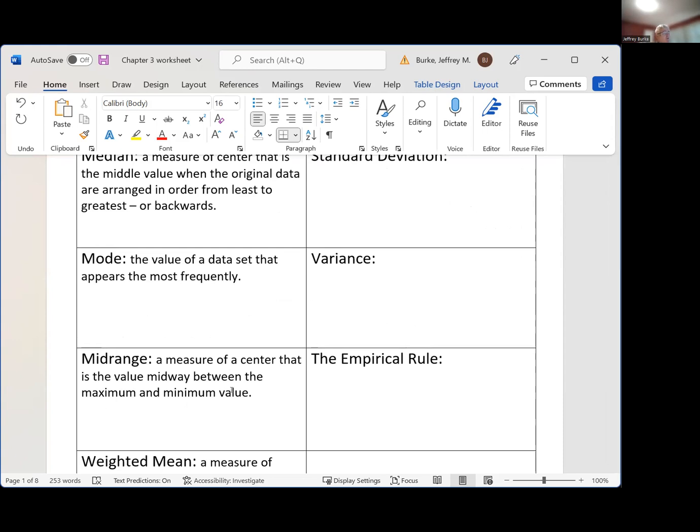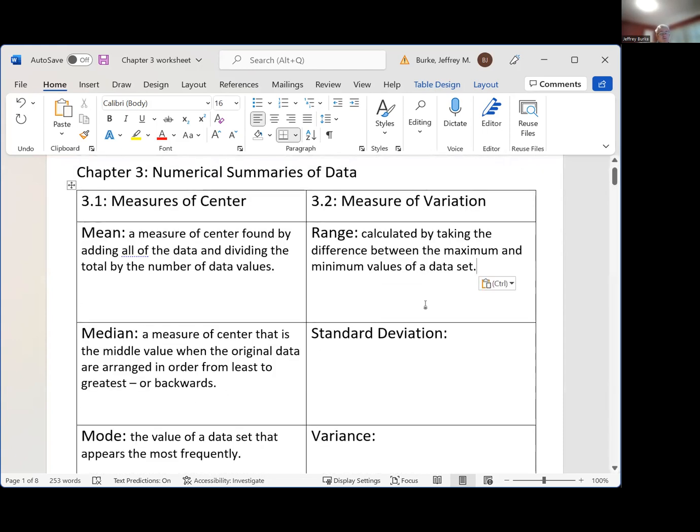But in terms of a measure of variation, range simply tells us the difference between the minimum value and the maximum value. If students are taking a test and the lowest test score, God forbid, is 10, and the top test score is 90, then 90 minus 10 is 80, so the range of the test scores would be 80 points. So that's one type of variation.